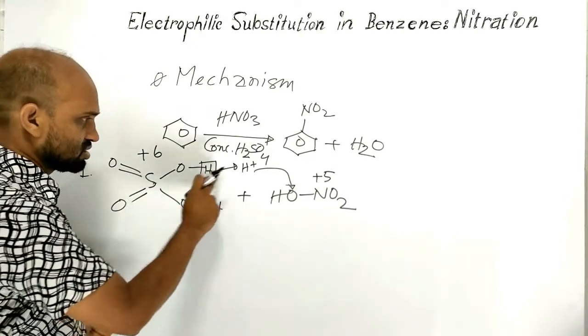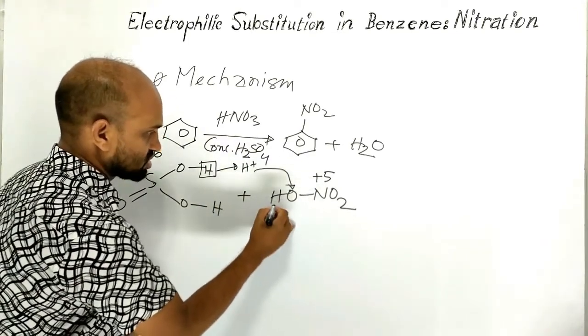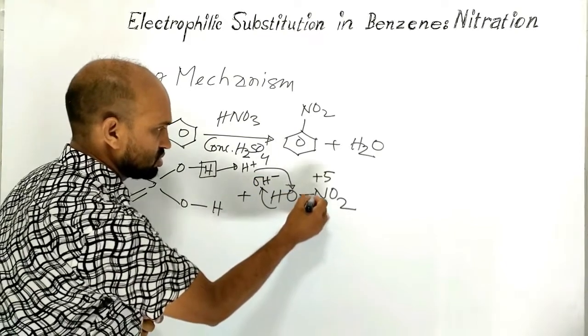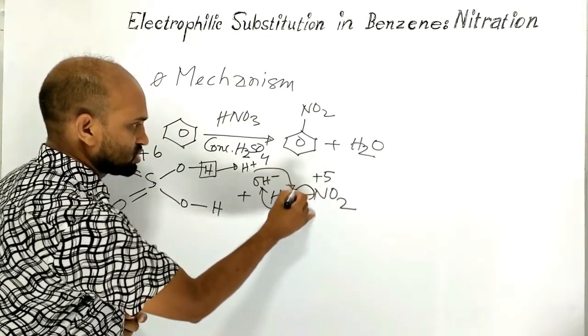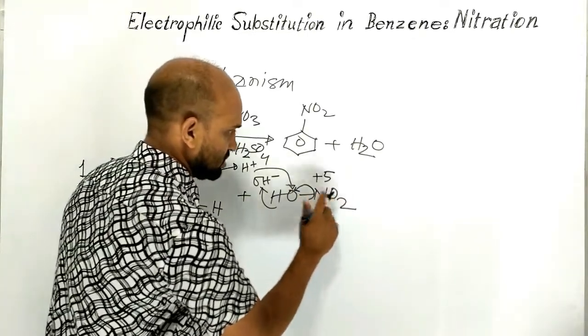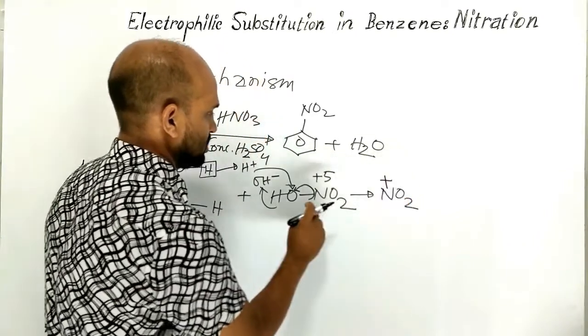Sulfuric acid donates proton, nitric acid accepts it here, and this bond undergoes heterolytic fission. As a result, here nitronium ion is formed.